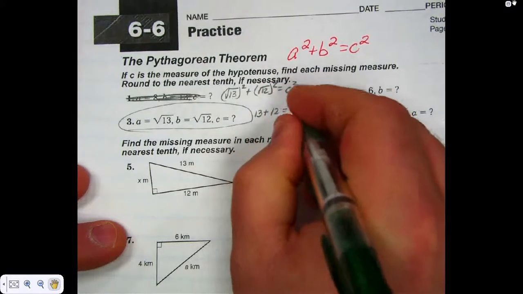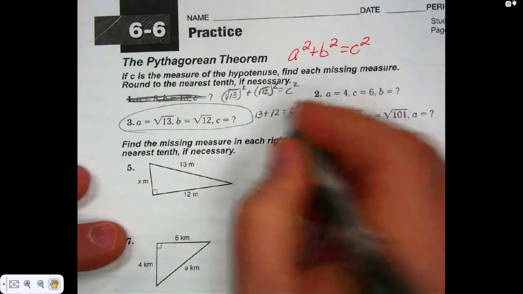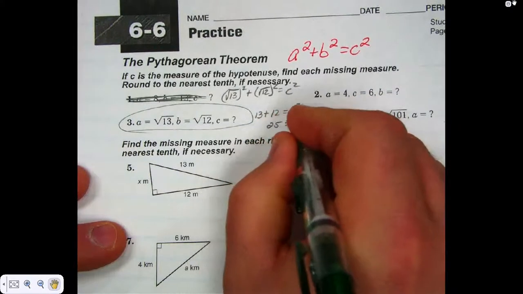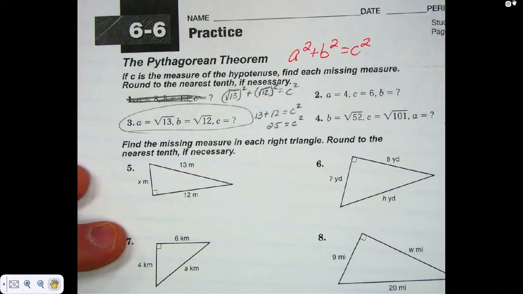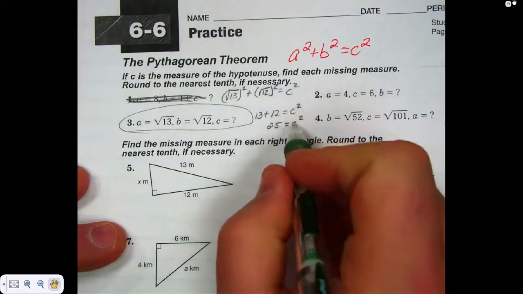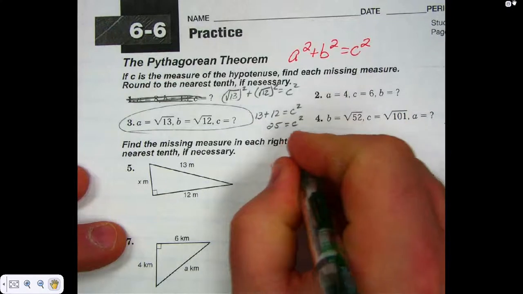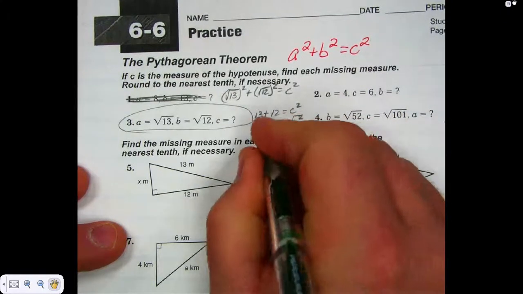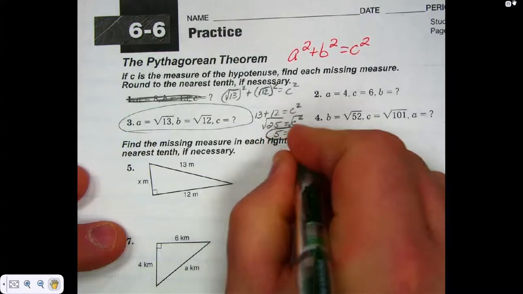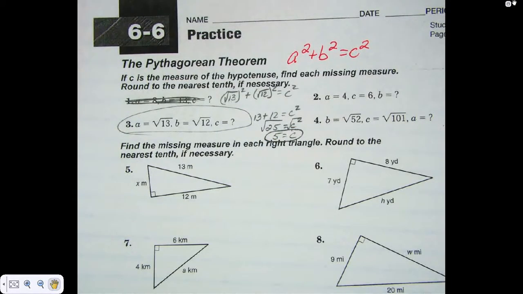All of that's equal to C squared. What is 13 plus 12? Am I done? I would hate for you to go through all this work and then forget that they didn't ask you to find C squared, they asked you to find C. So what do I have to do? Take the square root. So C is equal to? That one came out nice and even, didn't it? Write that down.